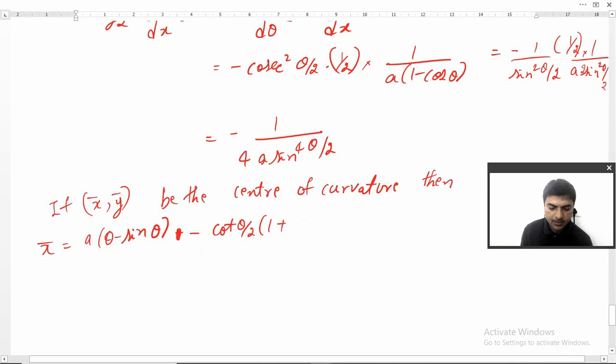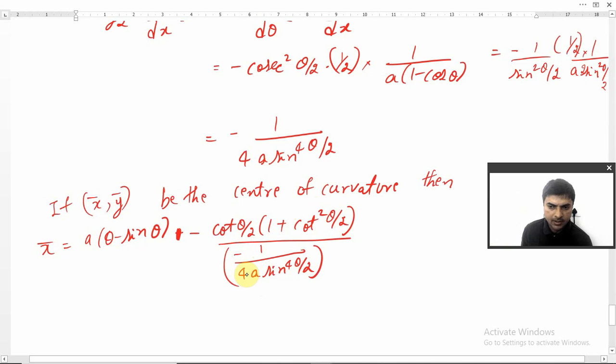So y1, please remember, students, I will take this as cot square theta by 2, the whole divided by y2, minus 1 divided by 4 a sin raised to 4 theta by 2.